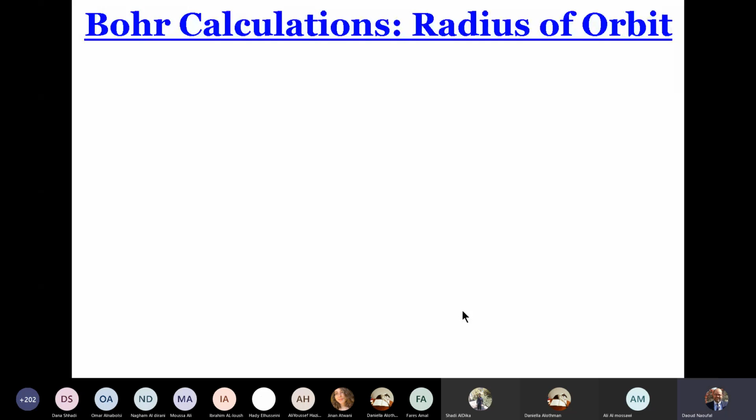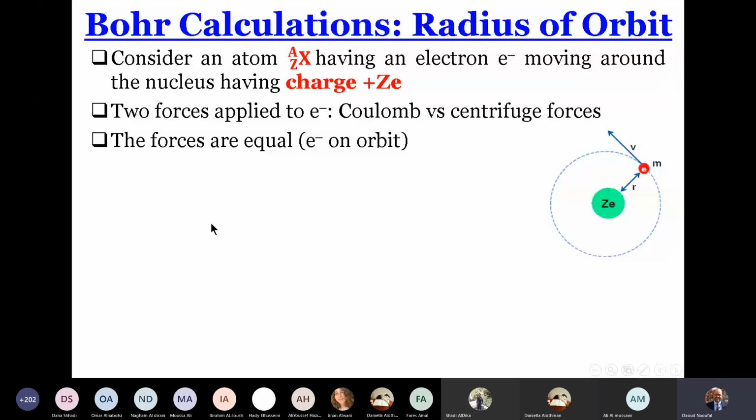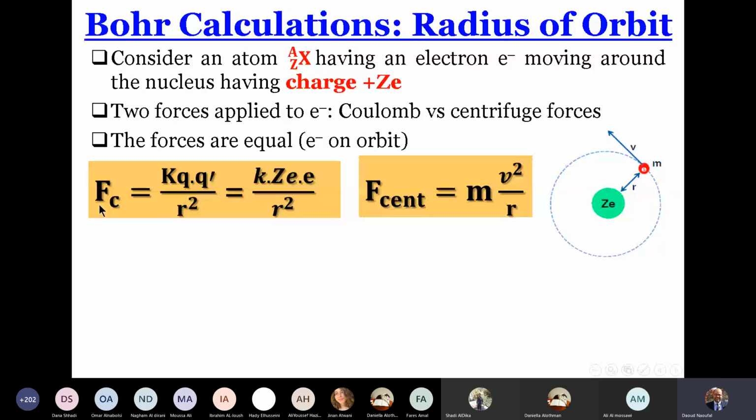Suppose the electron is around the nucleus. We have two forces applied to this electron: the attraction force Fc and the centrifugal force. Since the electron is at equilibrium, because the electron did not fall down to the nucleus, F centrifugal is equal to F attraction.